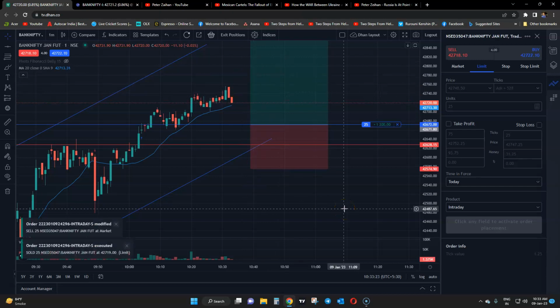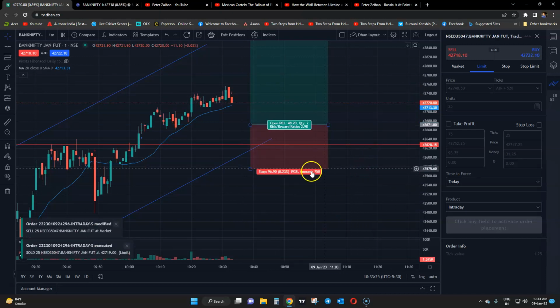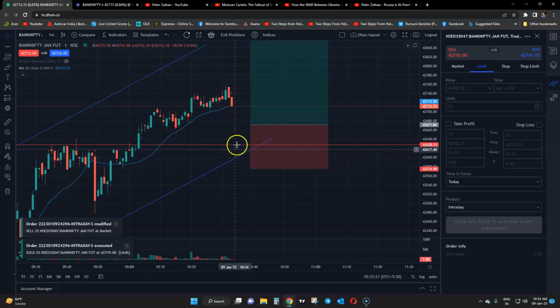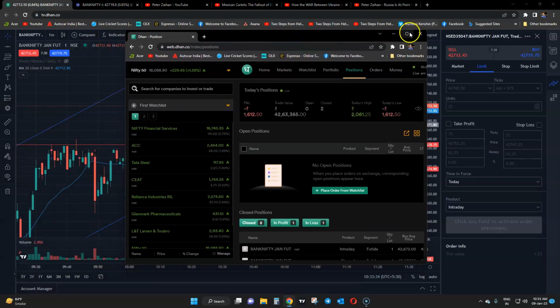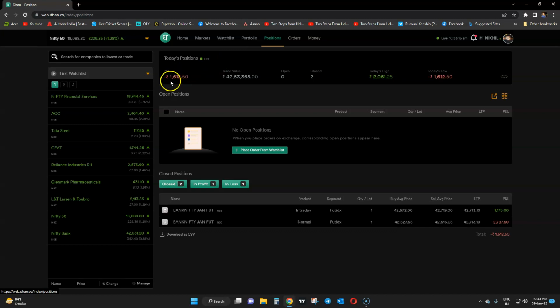Oh, I think we're out. 1200 odd. You can have a look. So just mark, this is our position for the day. Have a look. So it came down from 3 grand. Now you're at 1 grand 612 in loss.